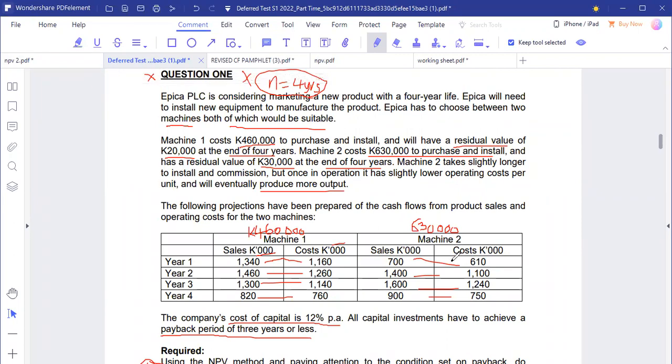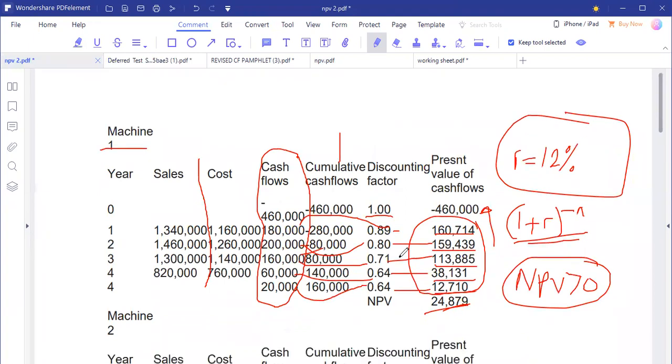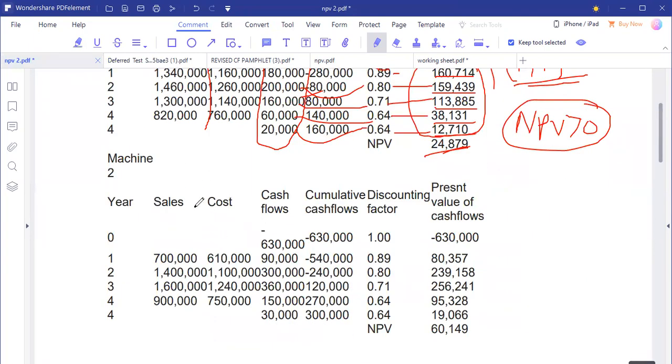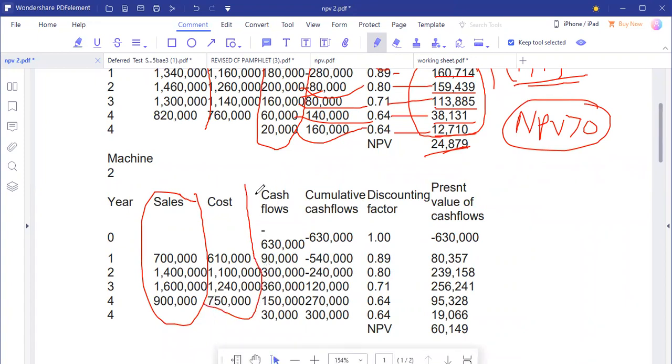All right, so in machine 2, the sales are these ones, then minus the cost of sales, these ones. So these are the costs. Then we can get the net cash flows.